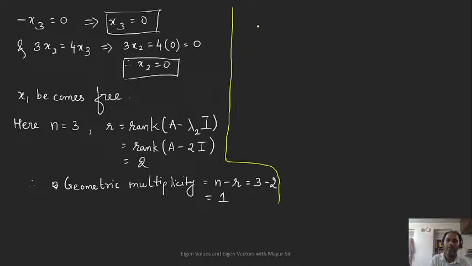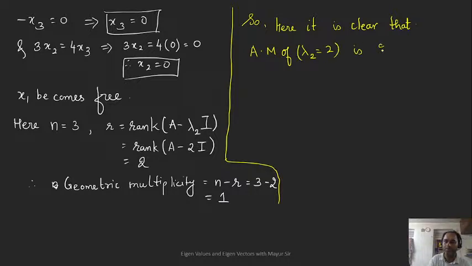Okay, so here it is clear that the AM of lambda 2 is 2 and the GM of lambda 2 is 1.